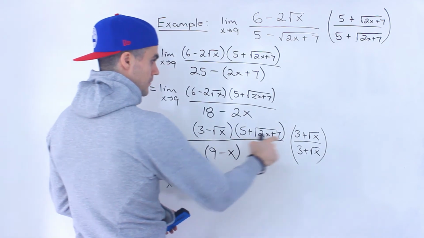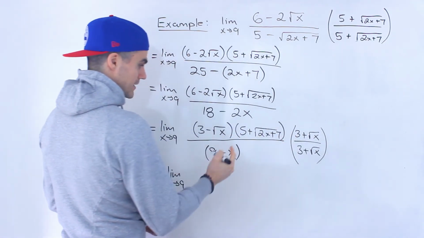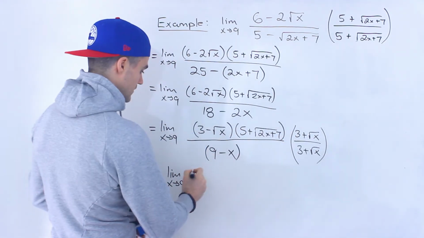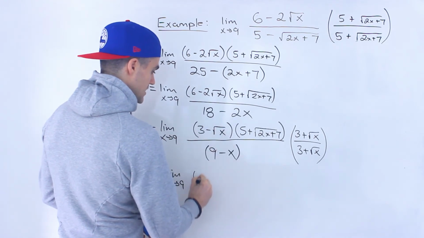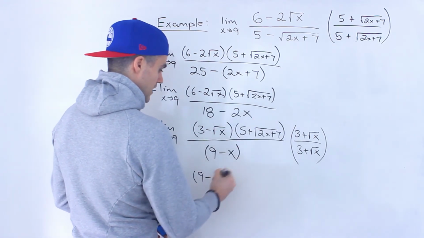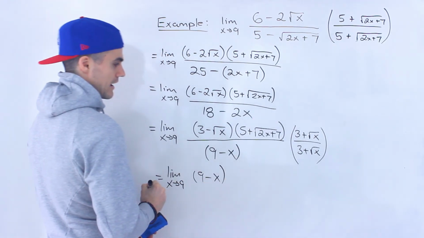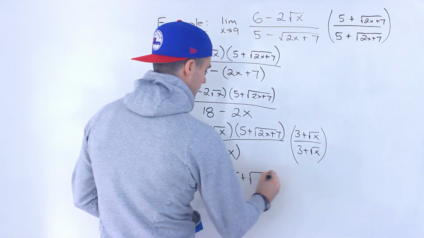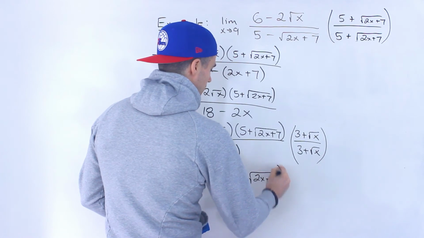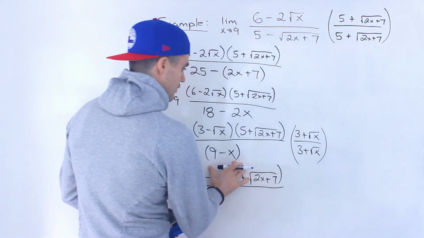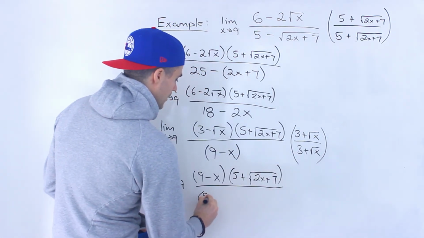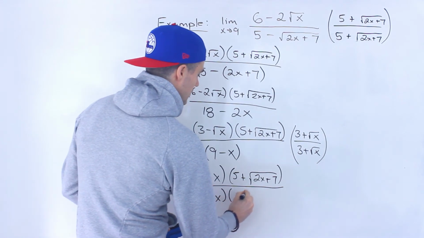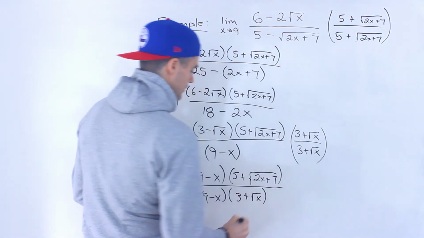Now, 3 plus root x times 3 minus root x, that's a difference of squares right there. So that would end up being 3 times 3, which is 9, minus root x times root x is x, like that. This bracket would stay the same. And then this and this I'm going to keep separate. So we'll have 9 minus x, and then we'll have 3 plus root x, like that.